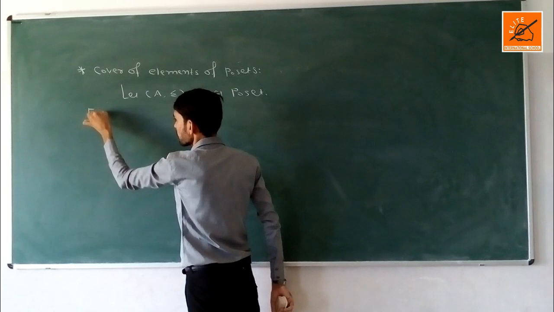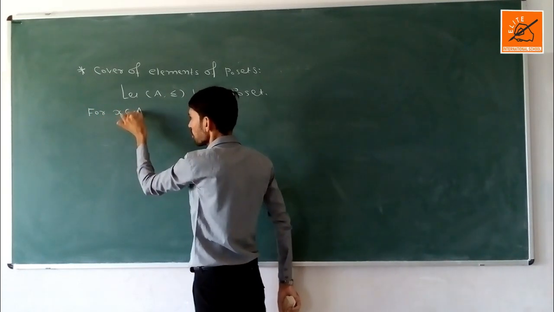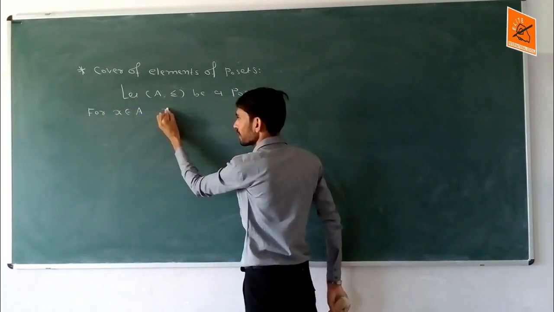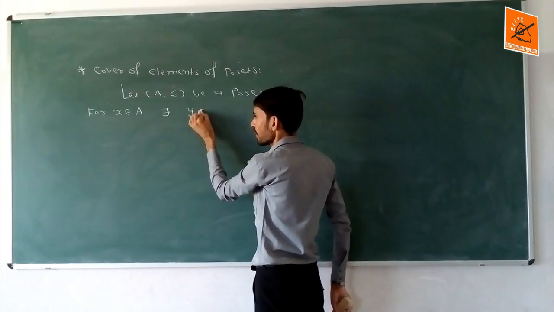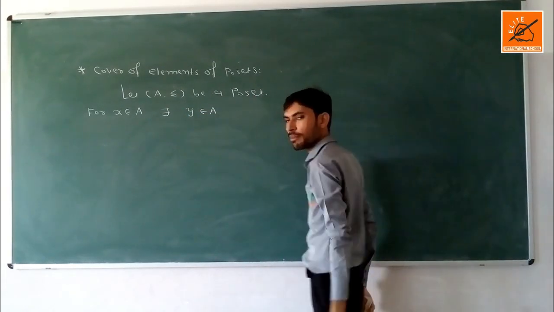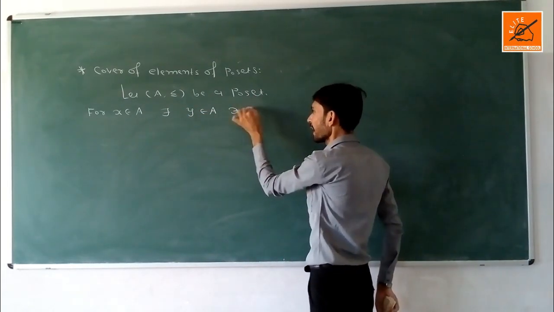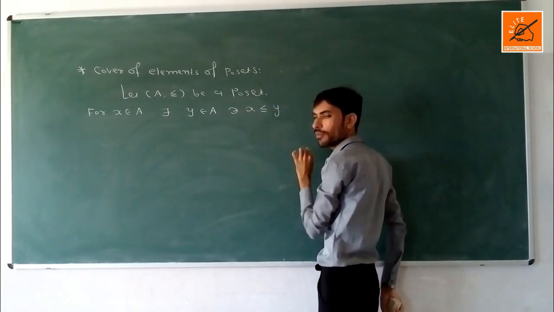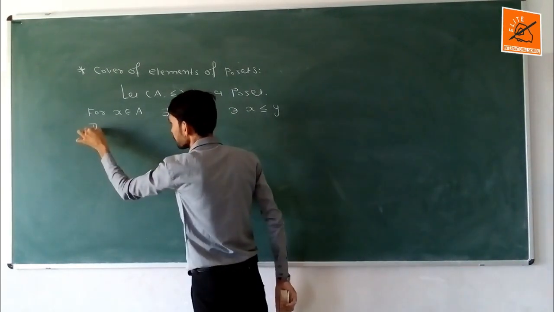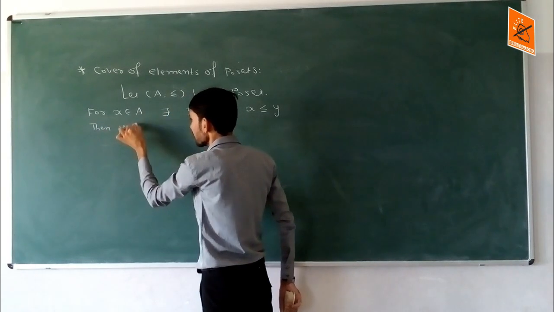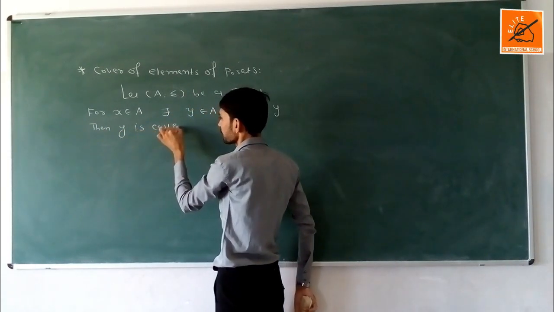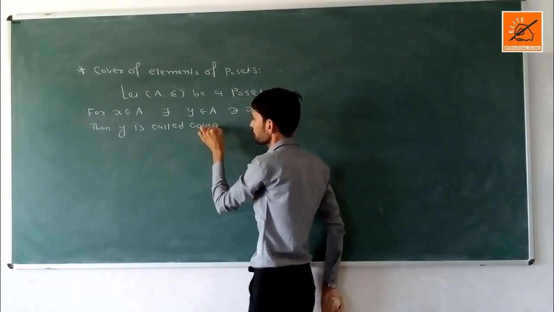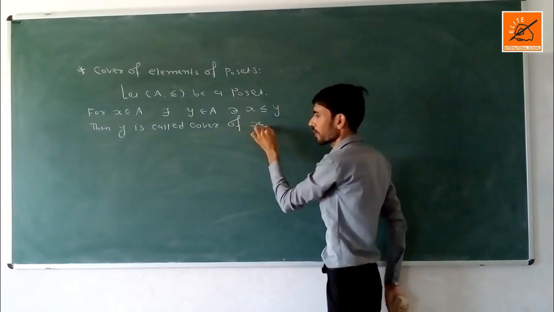Now for x belonging to A, if there exists y belonging to A such that x is directly related with y, then y is called a cover of x.